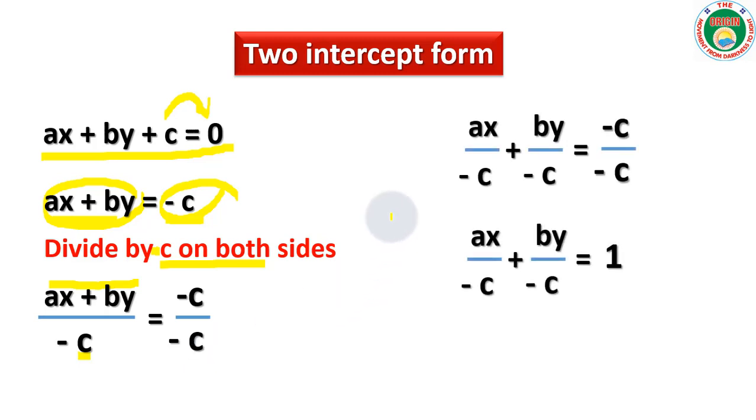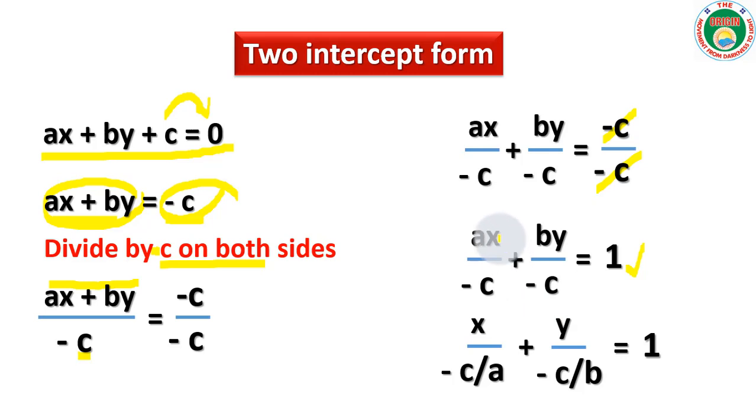Then minus c gets cancelled on the RHS, it is 1. The LHS is ax by minus c and by by minus c. Next step, this a I write in the denominator as minus c by a.